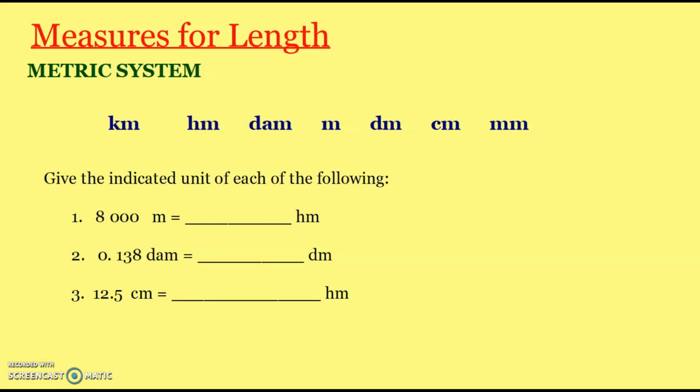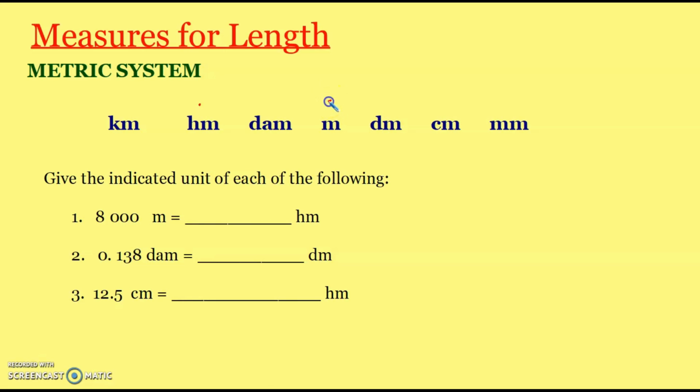So it's somewhere here, meter, and the required unit is hectometer, HM. As you can see, hectometer is placed at the left side of it, so we are converting smaller to bigger units. And we need to determine the number of jumps because the number of jumps here will tell you how many places the decimal point will be moved to do the conversion.